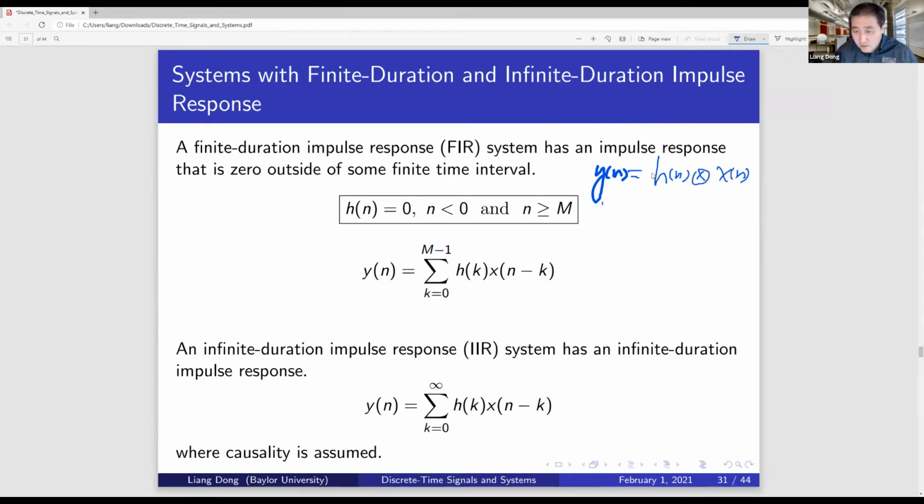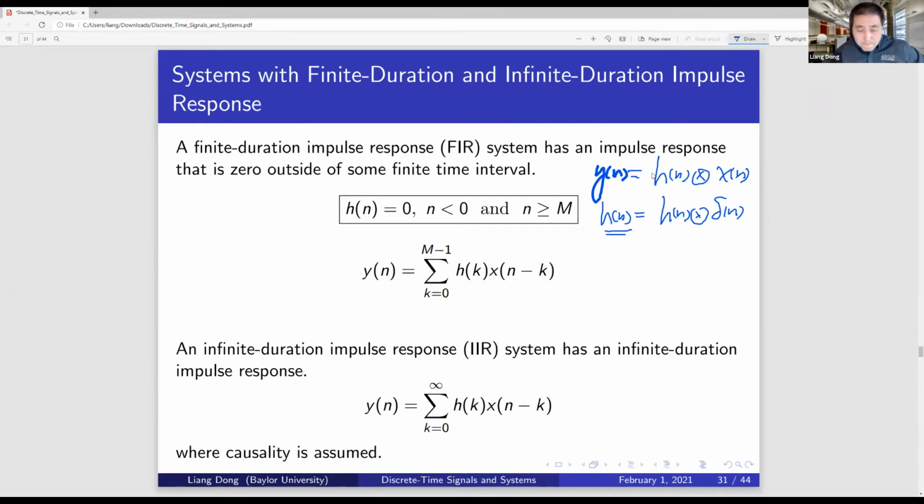And h[n] is the impulse response. My system is h[n]. If the input is delta[n], the output is the impulse response. All right, so we are using a convolution to represent the system.